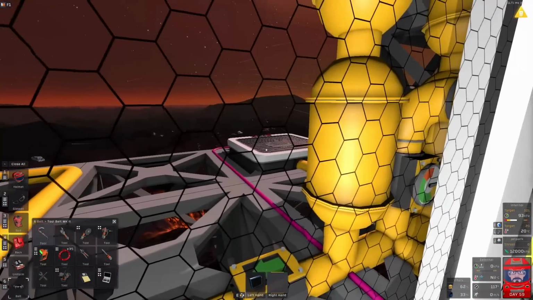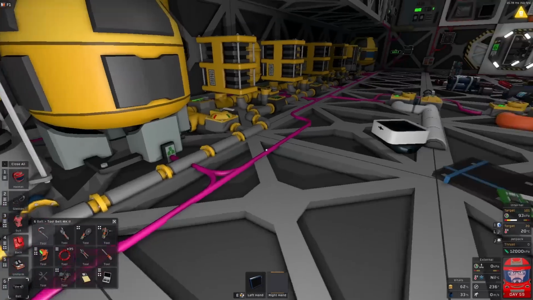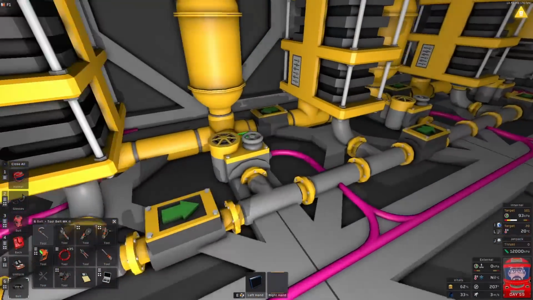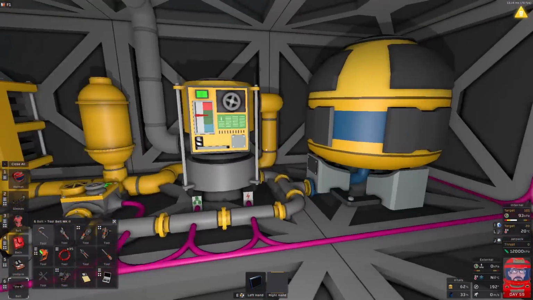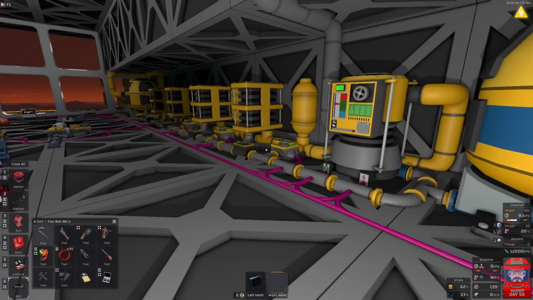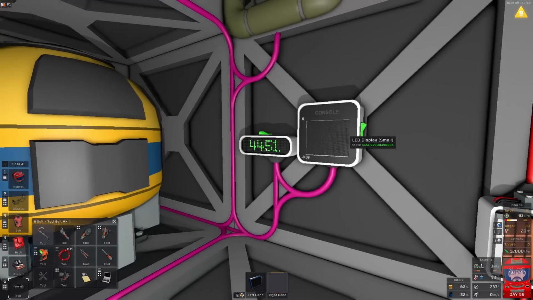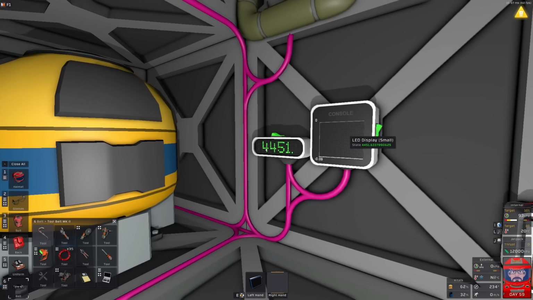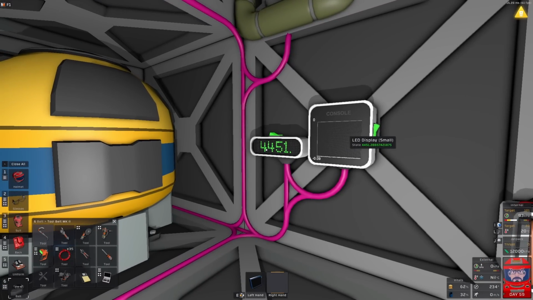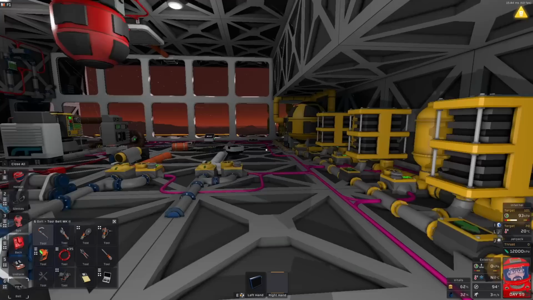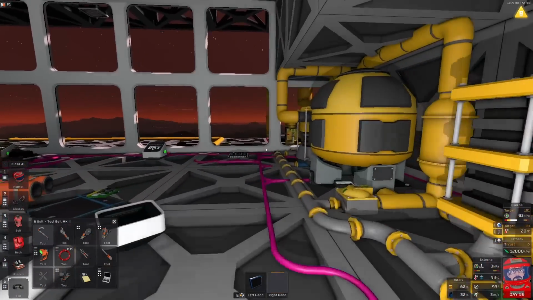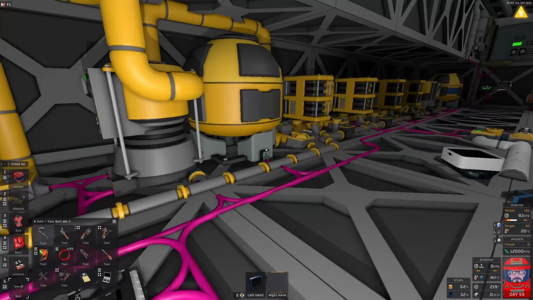It is all just operated from the vent out the front and a few regulators along the side. I do have some automation for it, and all it does is read how much liquid I've got in here. If it's less than 4,500, switch on the vent at night time, of course, and away you go.